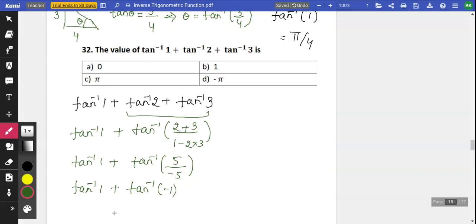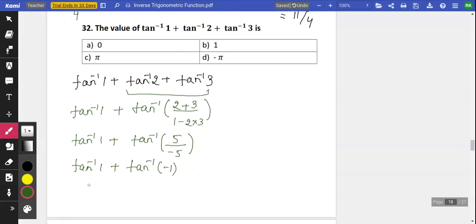Now apply the formula of tan inverse x plus tan inverse y again. It becomes 1 plus minus 1 upon 1 minus 1 multiplied by minus 1.